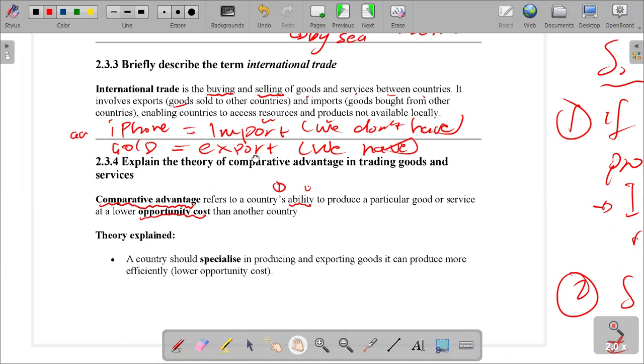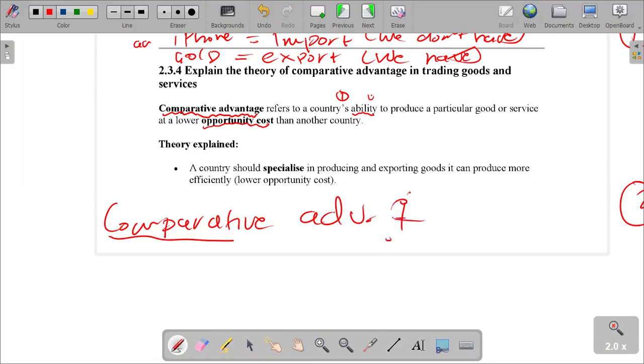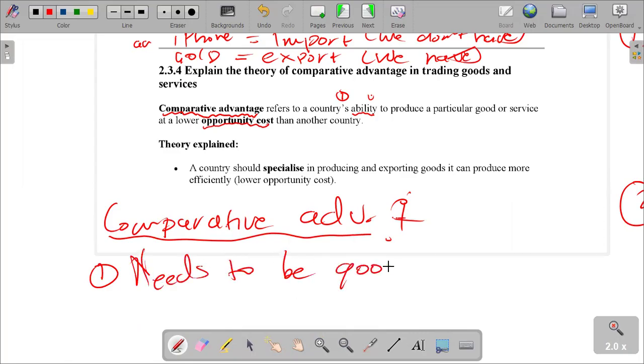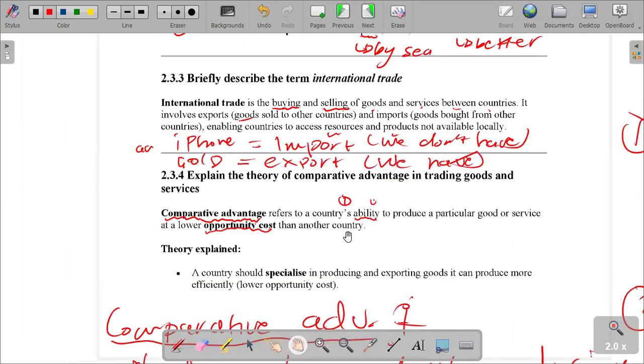Number one, that country needs to be good at producing that product. That's number one.